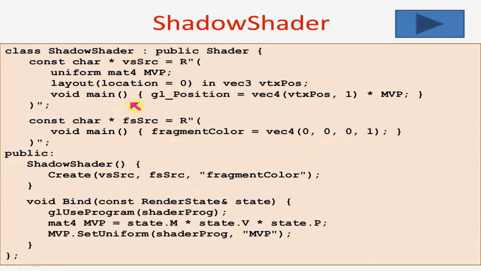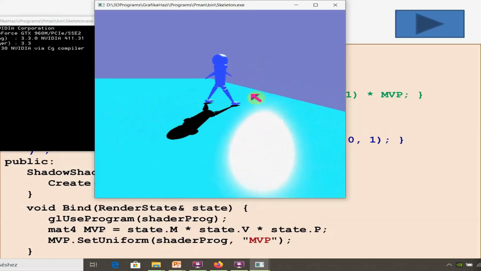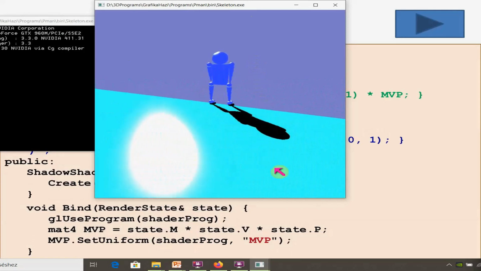As this vertex shader has a single uniform parameter, the MVP transformation matrix, the bind function of the shader calculates this MVP matrix from the render state and activates it in the GPU. Such shaders can be used to render shadows projected on planar surfaces.